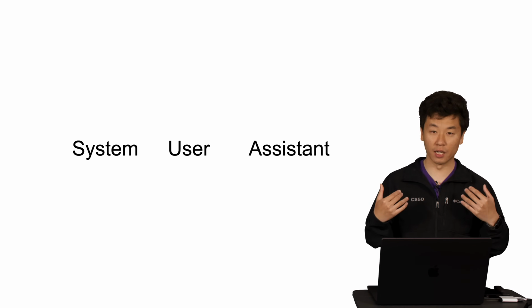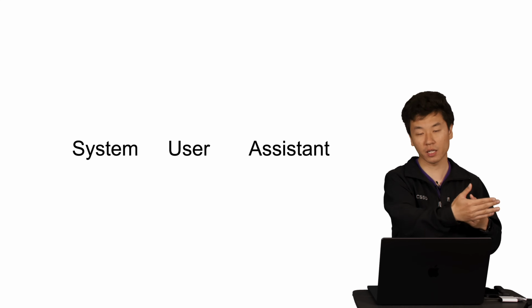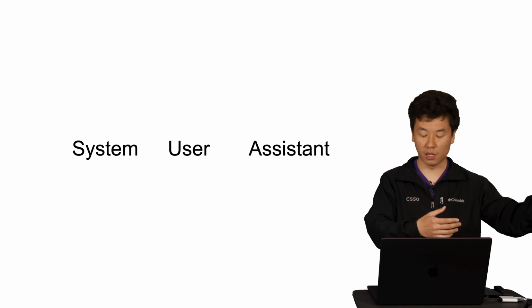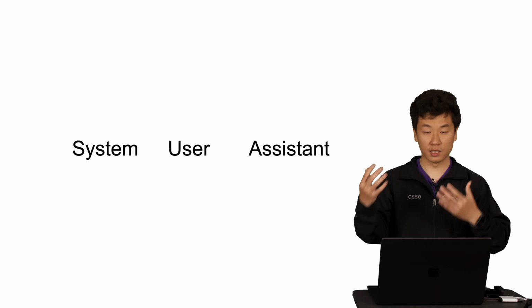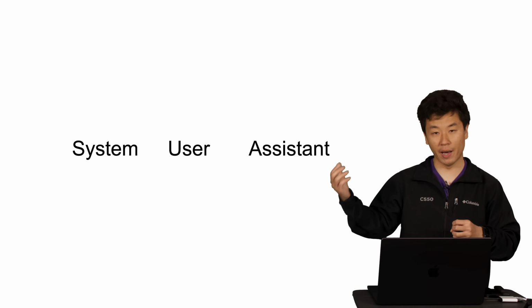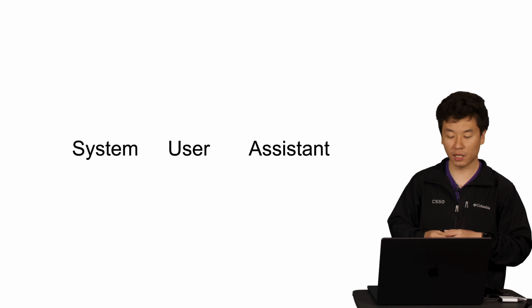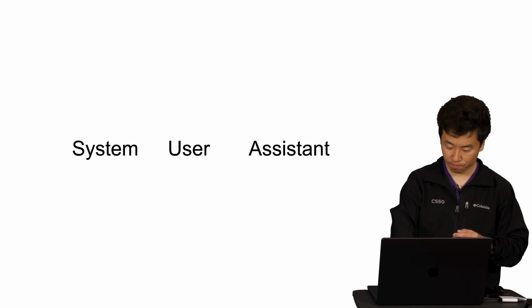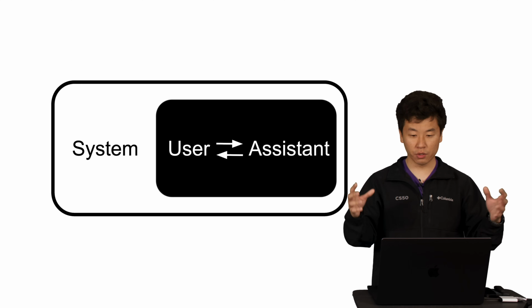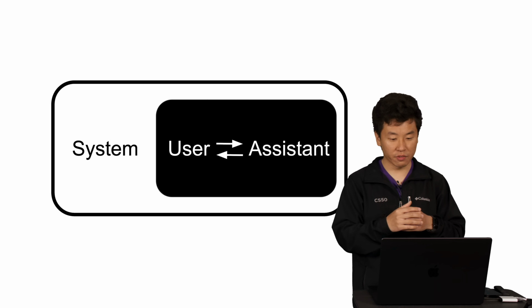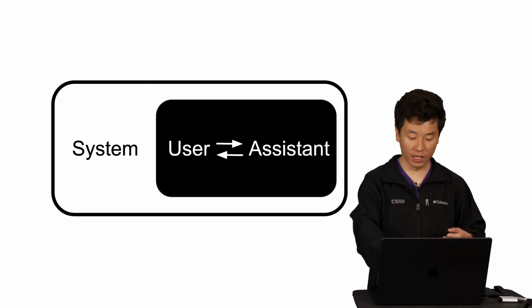User means us, the user interacting with the large language model. It could be GPT, it could be some other open source large language model. Assistant refers to the large language model. So if you get a response back from the large language model, we will say that you get an assistant message back. These 3 roles work cohesively together to provide the AI experience.